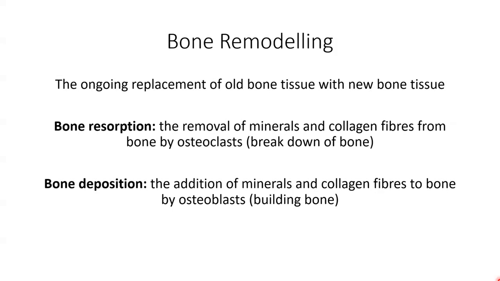It also involves bone deposition, which is the addition of minerals and collagen fibers to bone by osteoblasts. In other words, bone resorption results in the destruction of the bone extracellular matrix, while bone deposition results in the formation of new bone extracellular matrix.